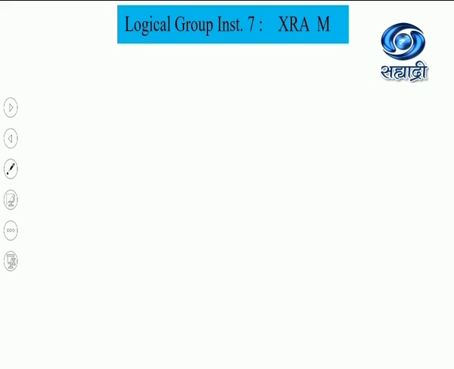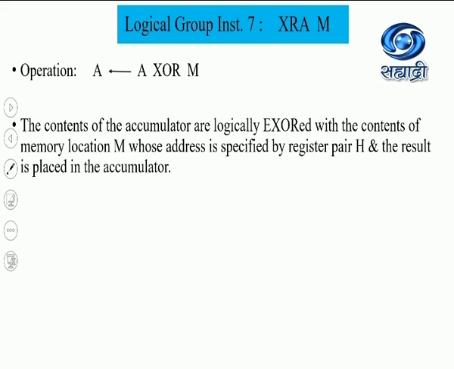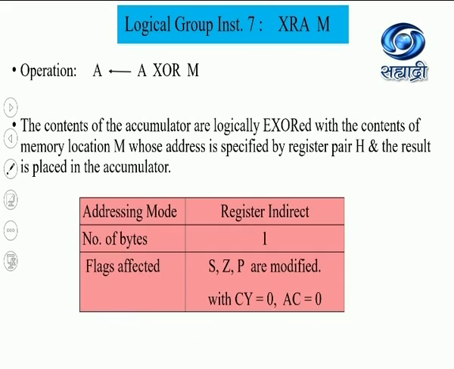Next, logical operation XOR. XRA M: XOR contents of accumulator with that of memory location pointed by register pair H. So here the contents of accumulator are logically XORed with contents of memory location M, whose address is specified by register pair H. The result is placed in the accumulator.